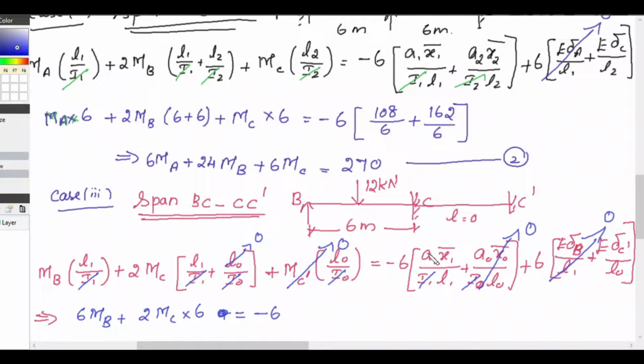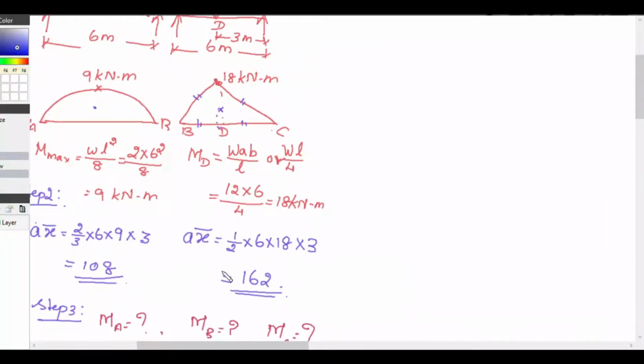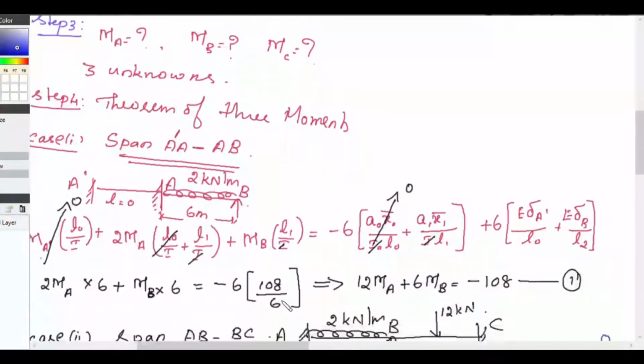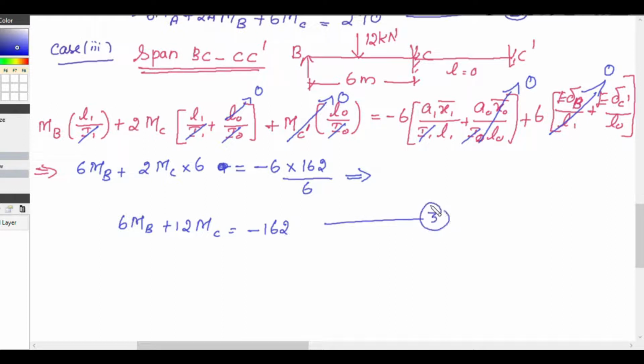Here A1 x1 bar is for the span BC, and we know for span BC, A x bar is 162. So it is minus 6 into 162 divided by L1 is 6. From this we get 6 MB plus 12 MC is equal to minus 162. This is our equation number 3.